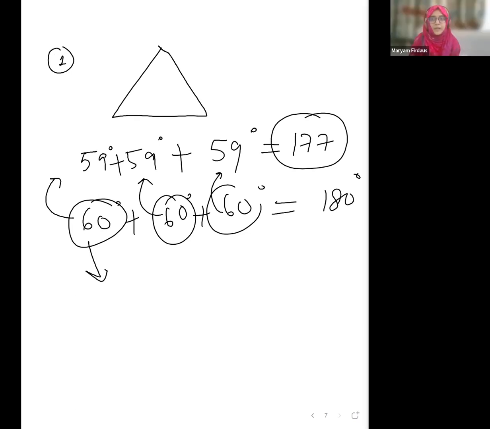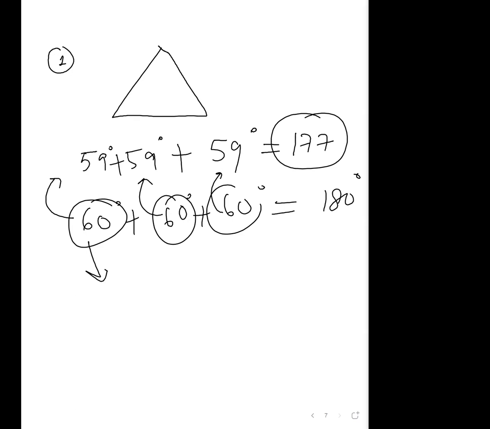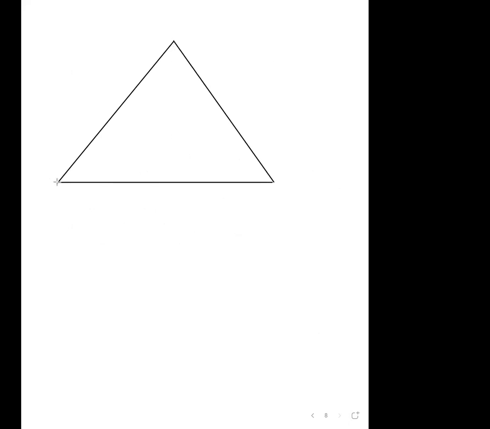Now, let's do this one. Come to page number 123. See, when you have an isosceles triangle, two sides are the same. Two sides are equal.